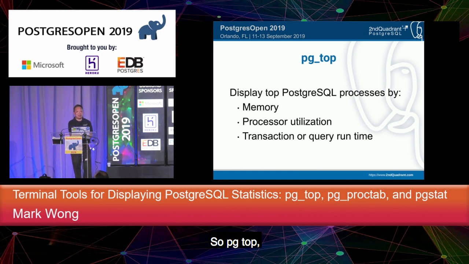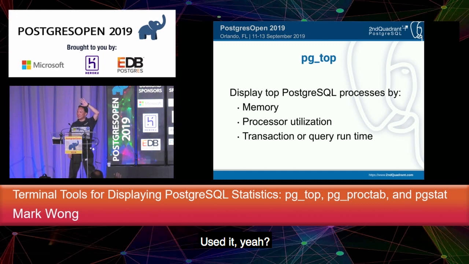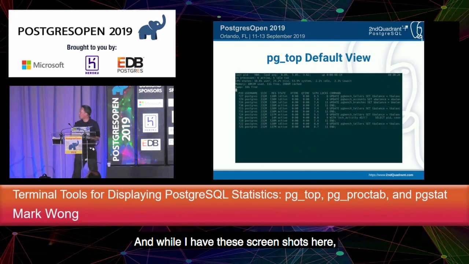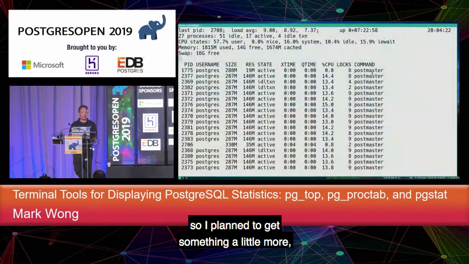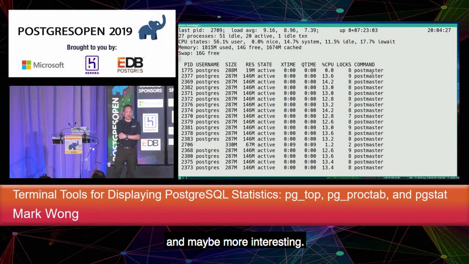So pg_top, as clever as it is named, really is based on a typical top utility. A lot of people have heard of top before, used it, yeah. And while I have these screenshots here, I knew that they were going to be too small, so I planned to get something a little more, hopefully a little more readable and maybe more interesting.